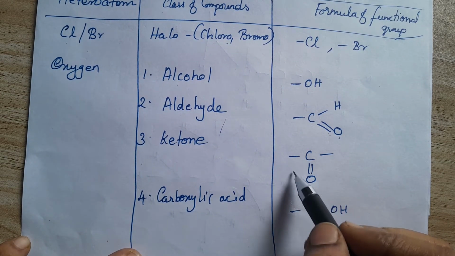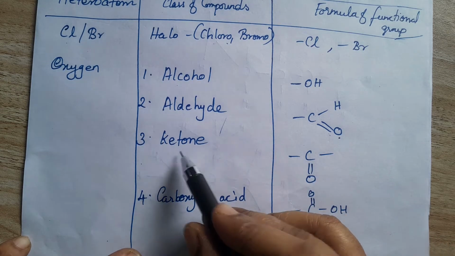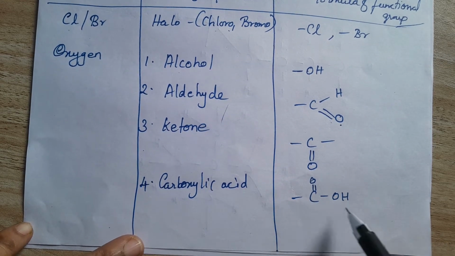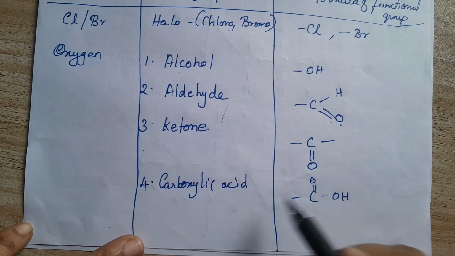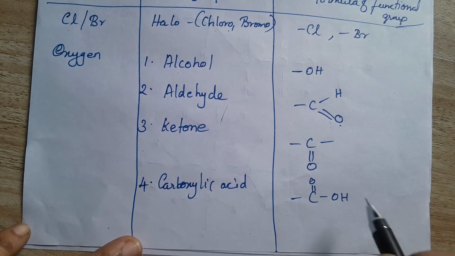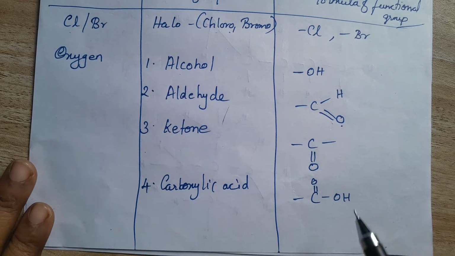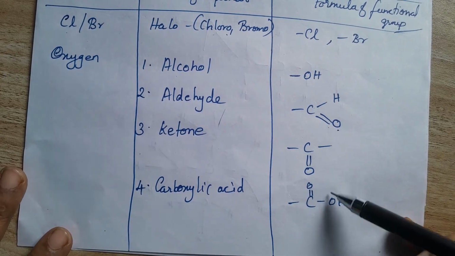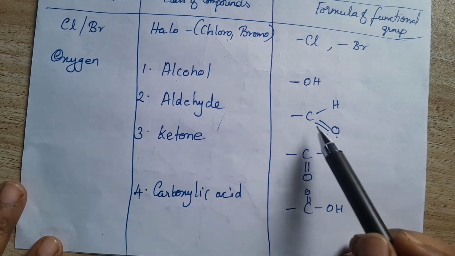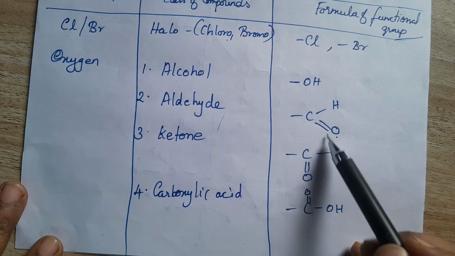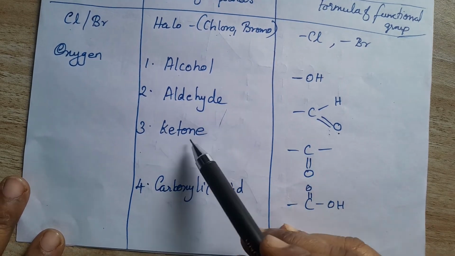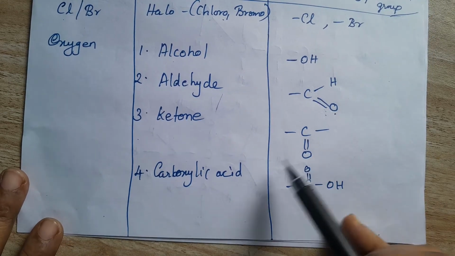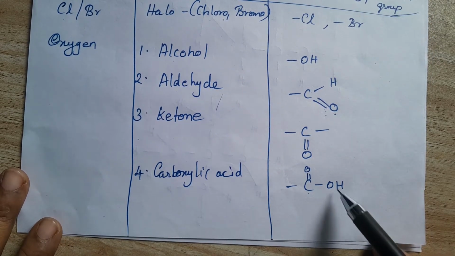If you find this group in the structure, it is called the ketone family. And COOH we usually call carboxylic acid. So these are the formulas of the functional groups: OH means alcohol, CHO is aldehyde, CO is ketone, and COOH is carboxylic acid.